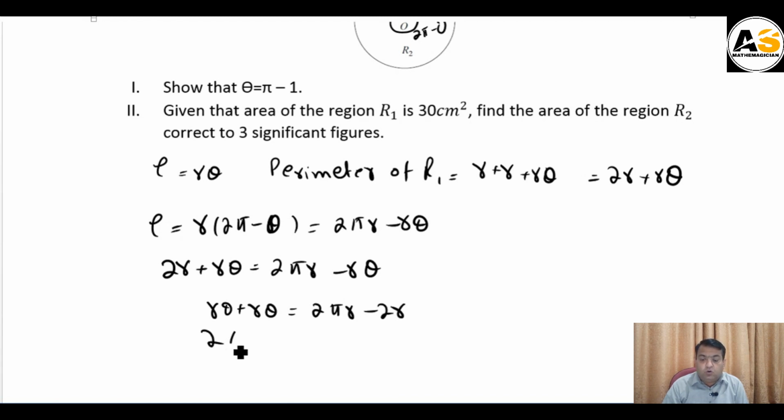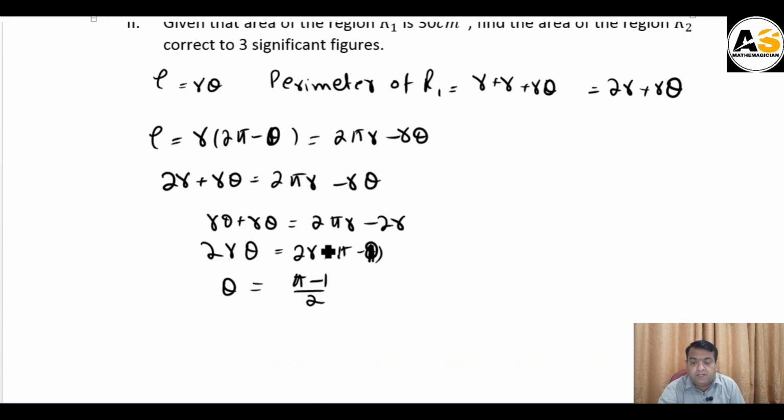And I can write 2r theta is equal to 2r into pi minus 1. And from here I will write theta is equal to pi minus 1 over 2. Sorry, pi minus 1, not over 2. This is cancelled with this. So theta will be pi minus 1.